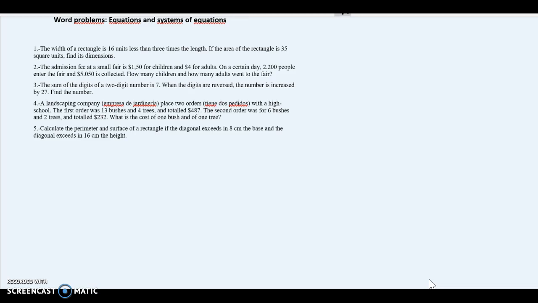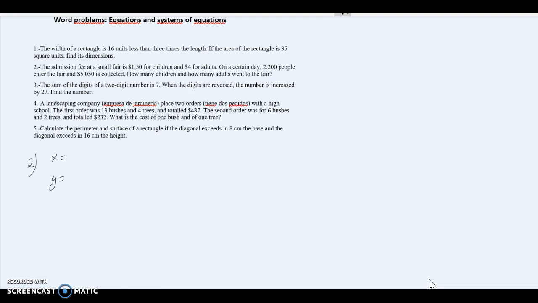So read the second problem carefully, okay? It's not really difficult. It's not a difficult level for you, I think. Well, x and y, what is x and what is y? Because the problem is asking for two different things. So we have two different variables. We have two unknowns, okay?